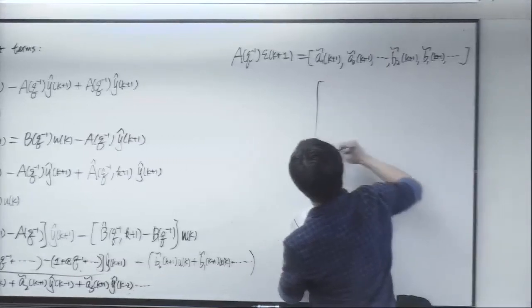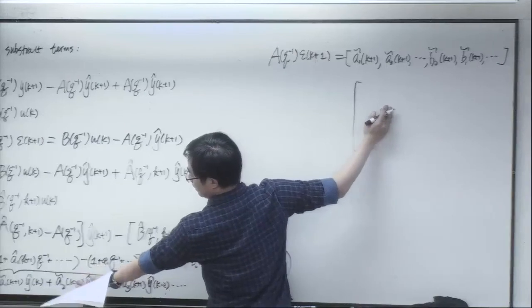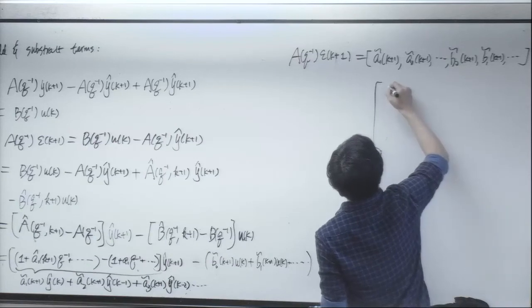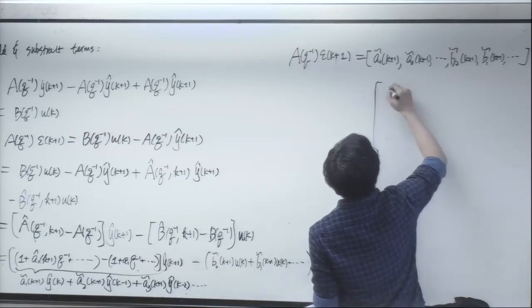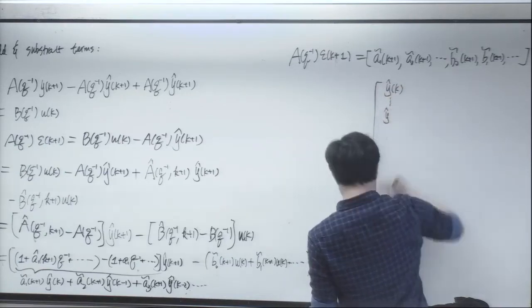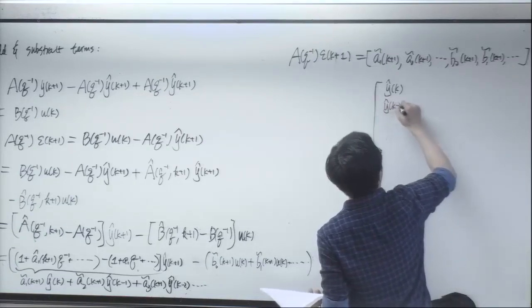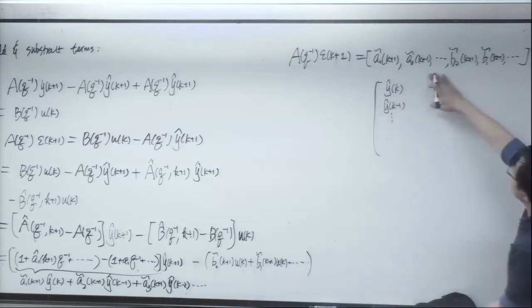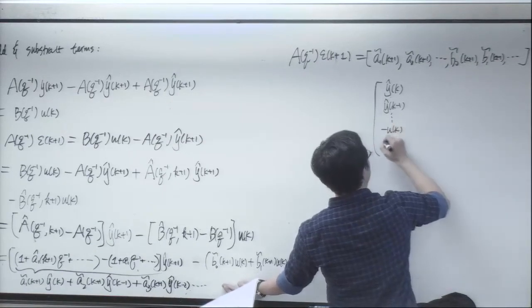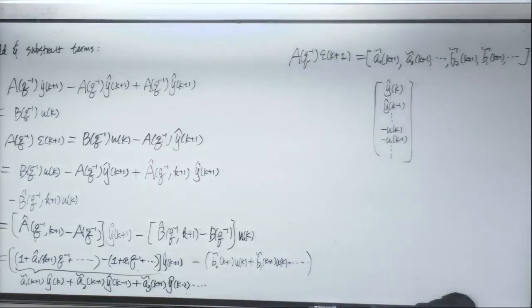This row vector multiplying with this column vector. So I have A1 tilde multiplying with Y hat. And then the B tilde signals is going to be multiplied with negative UK. Okay?